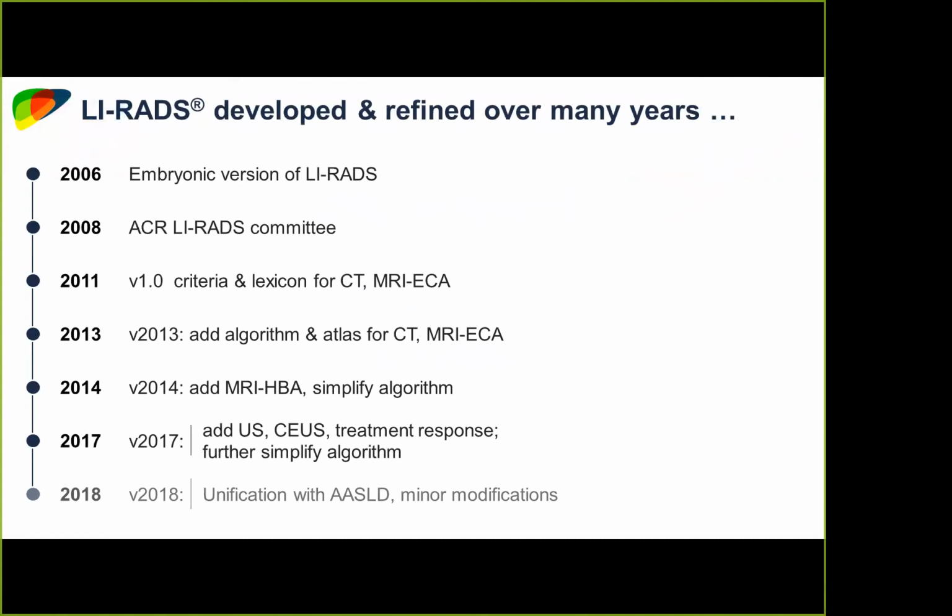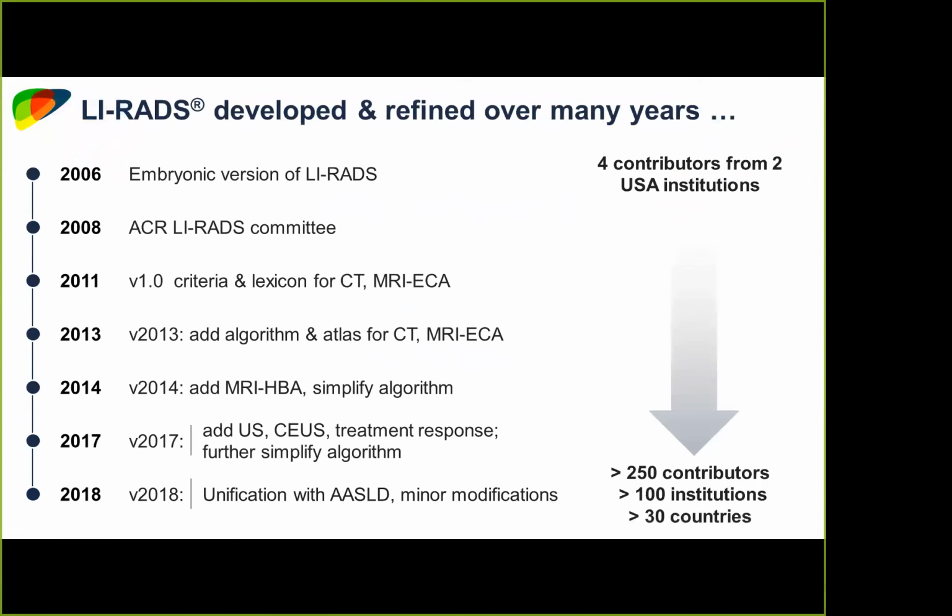But as you know, we had a very unexpected and immediate update in 2018, and it introduced quite substantial changes. And this is just to show you how much we've grown in the past 12 years.